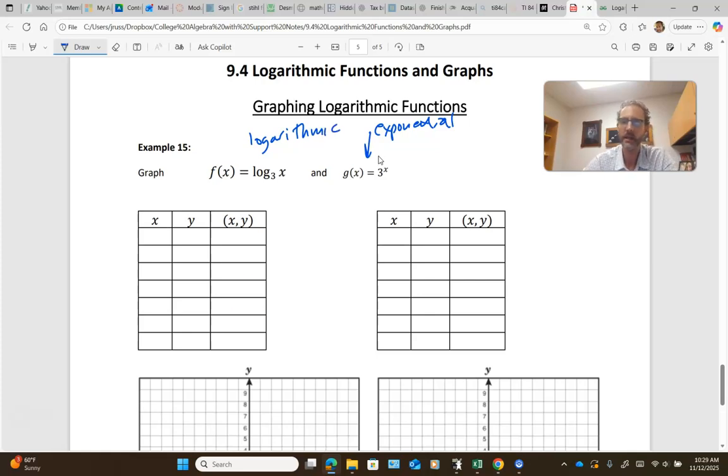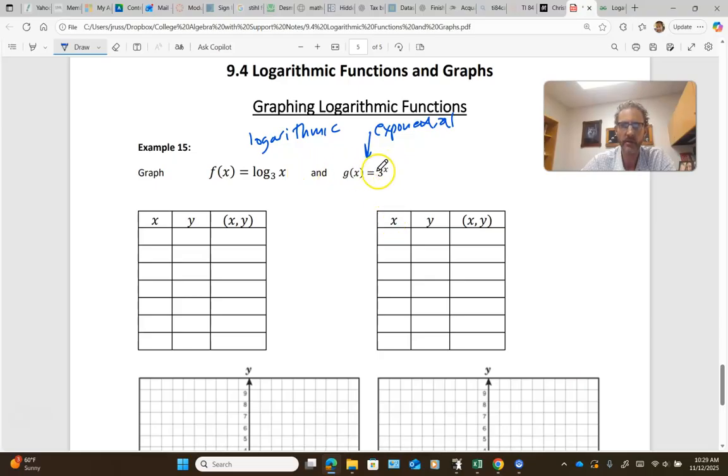Well, to do this, guys, if you're doing it by hand using a table, sometimes it's hard to think about what values of x I should choose. It's not as simple as just choosing 0, 1, 2, 3, 4, okay? So sometimes it's easier to think about this by first graphing the corresponding exponential function.